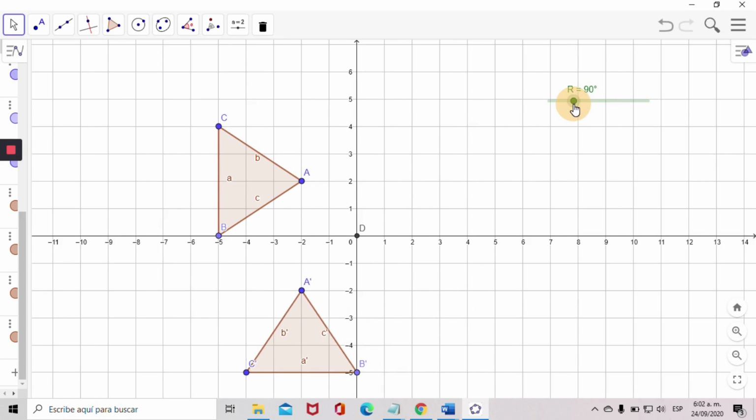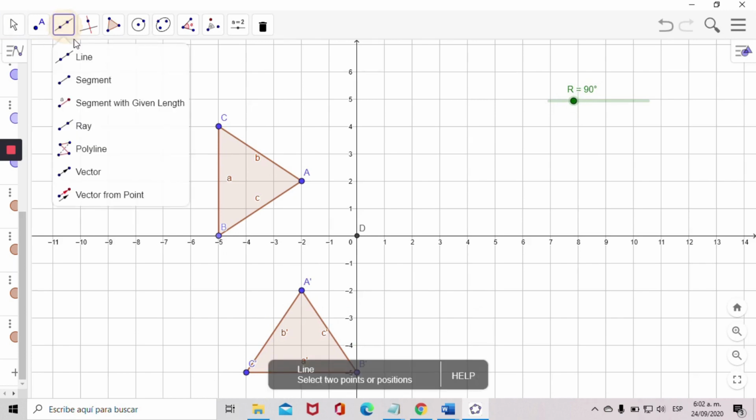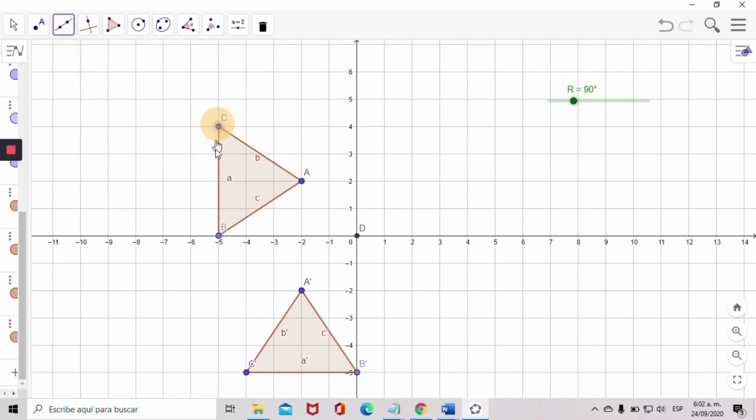So there is a right angle here. Now, let's show it. Now you see the right angle. Now it's 90 degrees.